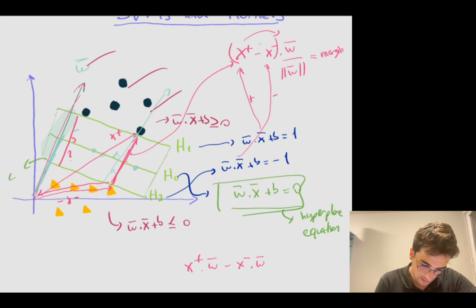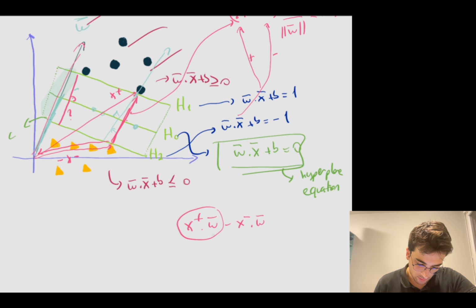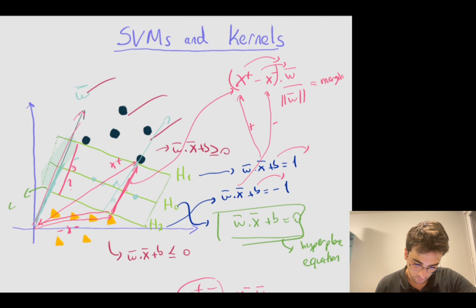Because I just did this. And we already know this value, which is 1 minus b, and this one is minus 1 minus b. And if you open it up, it is equal to 2, right? This becomes plus, and it's 2.